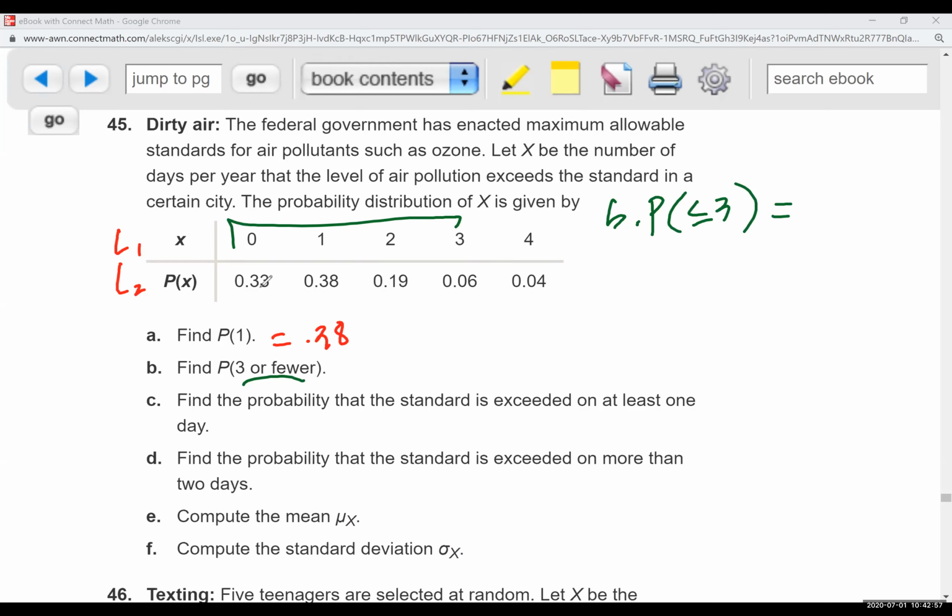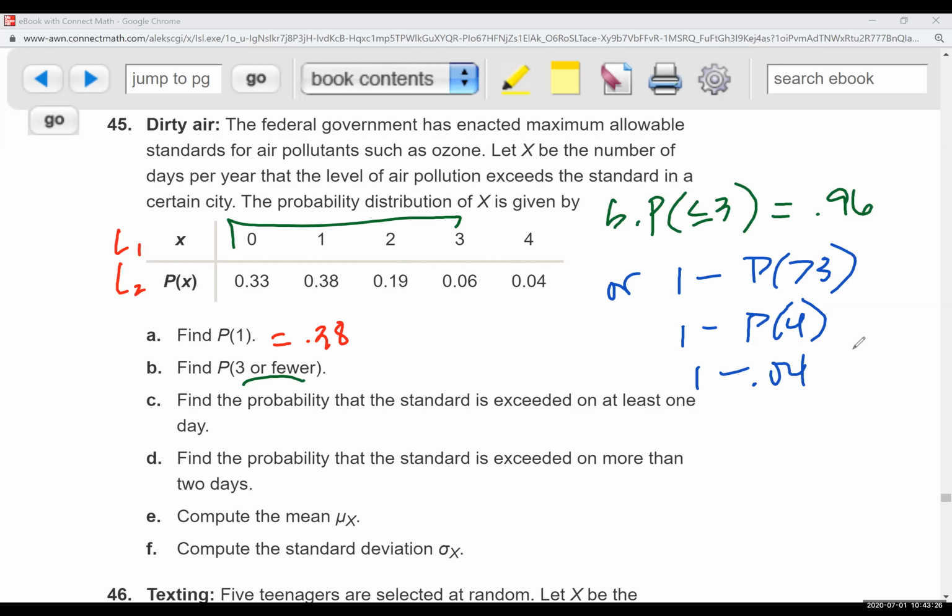So you can add all this, which is, when you add, 0.96, or if you want, you can solve it this way, the complement of this: 1 minus the probability of greater than 3, and greater than 3 is the probability of 4, which is 0.04. That's why it is also equal to 0.96.